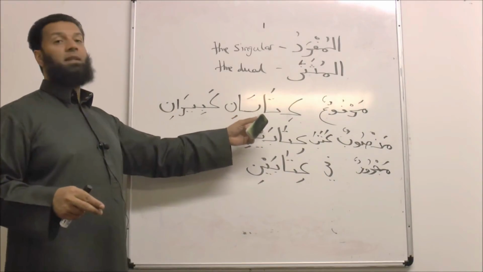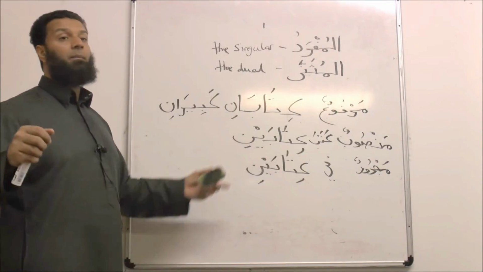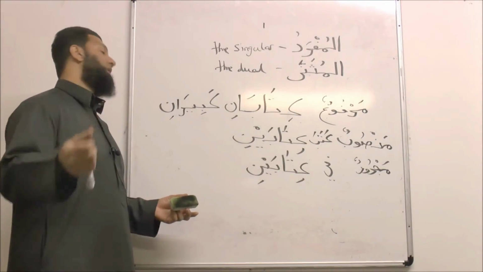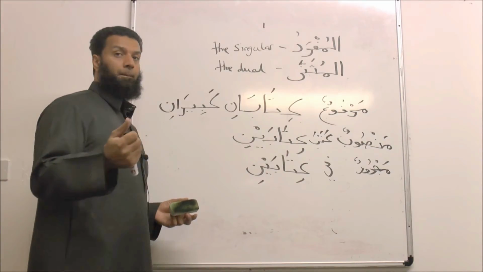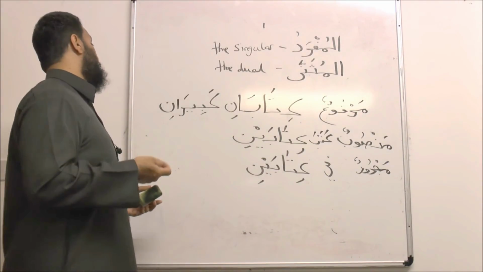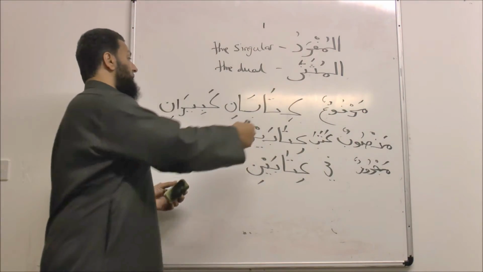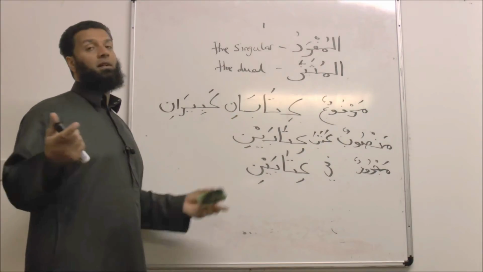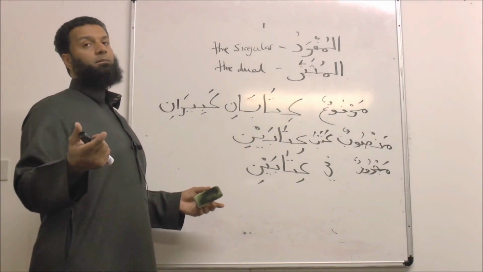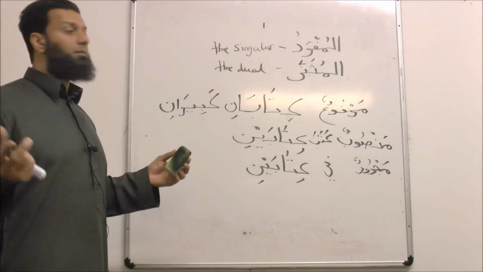It matches in i'rab state, because kitabani is marfu'un and kabirani is marfu'un. And it matches in definiteness. Kitabani, is that definite or indefinite? Indefinite, and kabirani is indefinite.